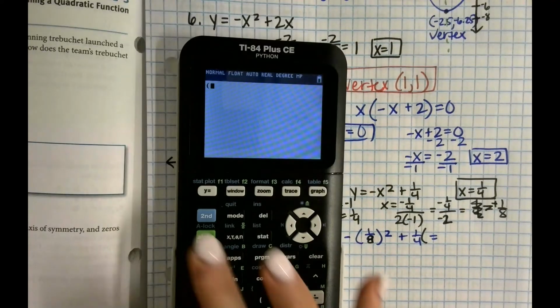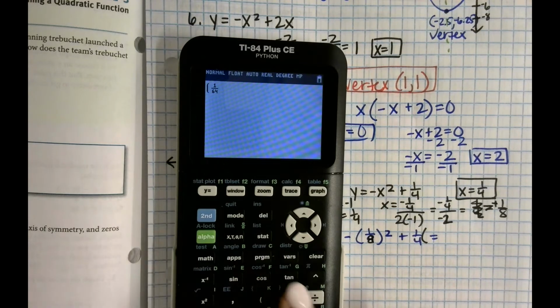So again, that would be 1 over 64 because 8 times 8 is 64. So 1 divided by 64 plus 1/4. I'm going to keep this in fraction mode. Fraction mode. 1 over 64. And then plus, and then fraction 1 over 4.